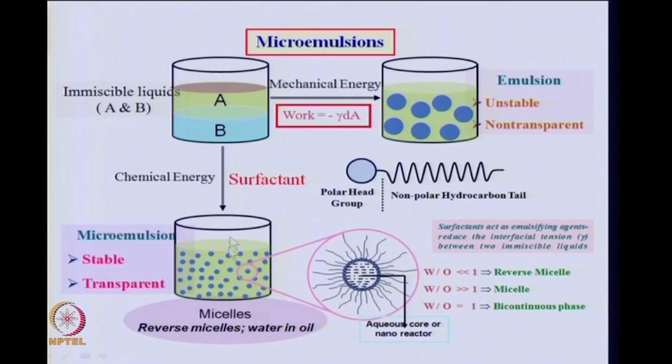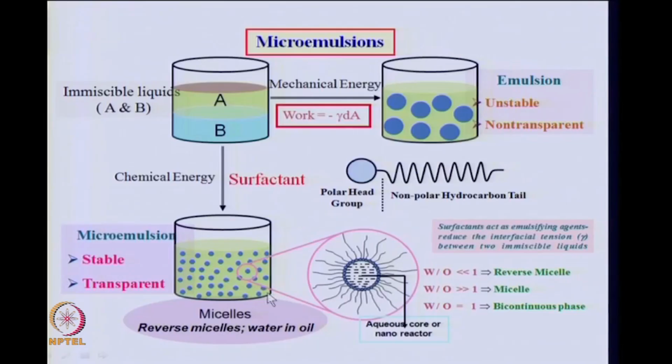So, inside this solution now you will have many such spheres which you cannot see with your naked eye. So, this will be transparent, but if you use some technique, you can find this organization of spheres, and the water, one of the mediums, say the B is water, will be present inside these spheres, and only the oil medium will be outside.